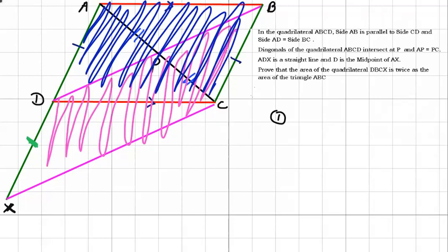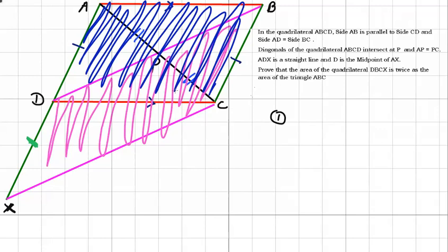if I prove that this blue color quadrilateral is a parallelogram, and this pink color quadrilateral is also a parallelogram, these two blue and pink shapes become parallelograms with the same base.